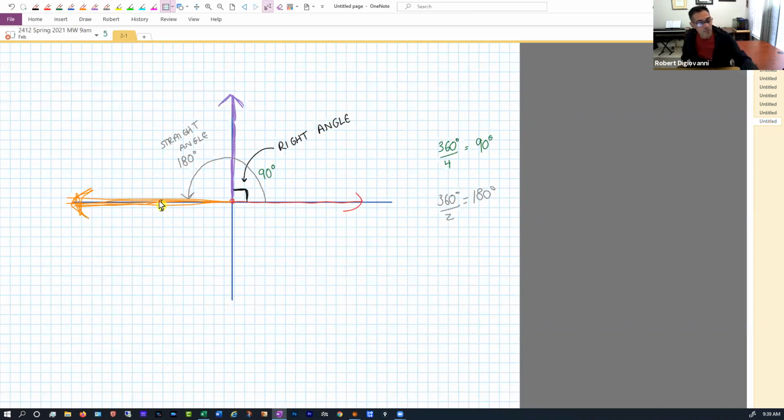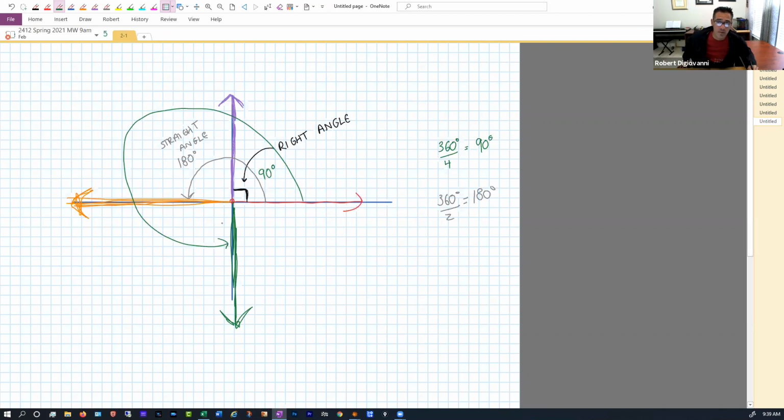Now we could go another 90 degrees and that would point us straight down like this. That could be the angle that goes all the way to here. Now there's not a name for that one. The reason is that if you look at that angle measured backwards, this way instead, do you all agree that that would be negative 90 degrees?